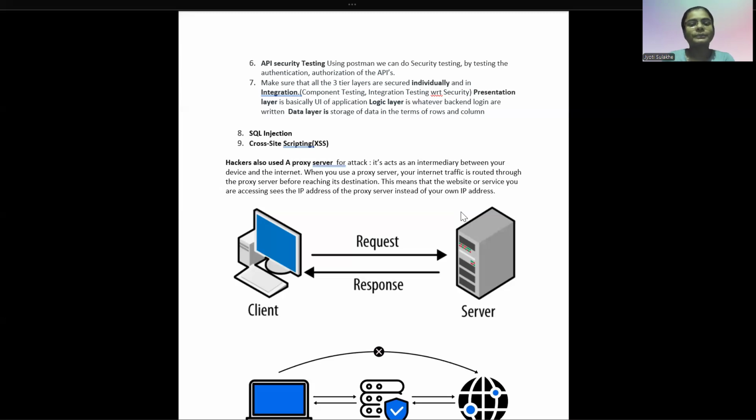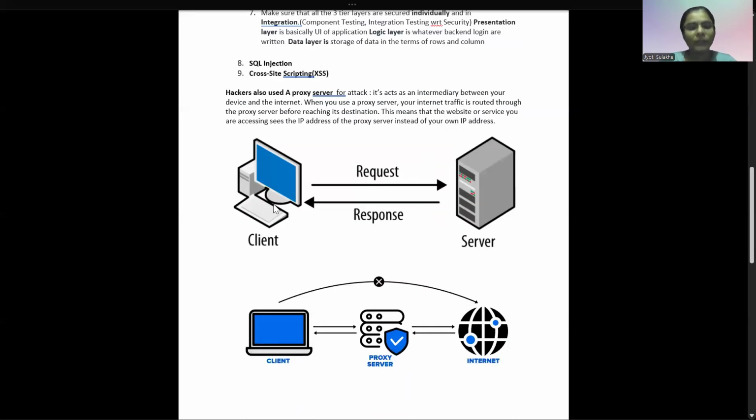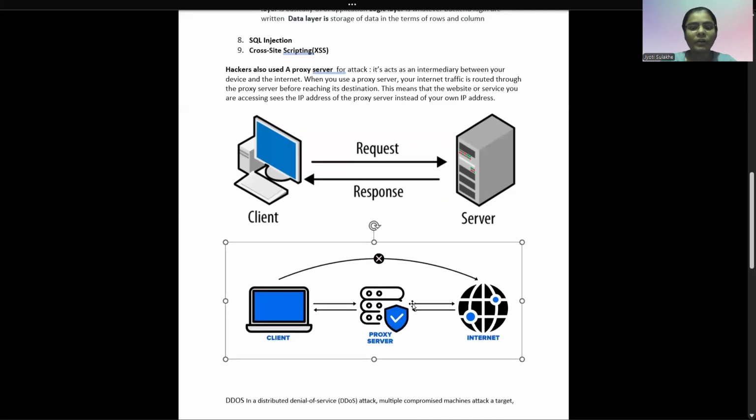Hackers also use a proxy server. A proxy server basically acts as an intermediary between our device and the network. If we send any request to the internet, some attackers use the proxy server in between, so the client request is not sent directly to the internet.